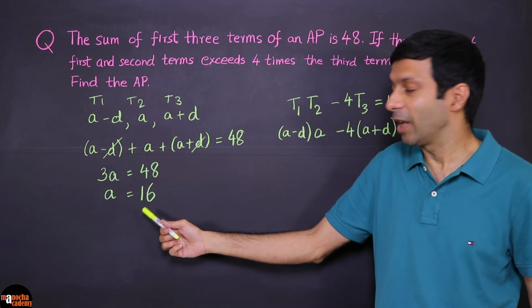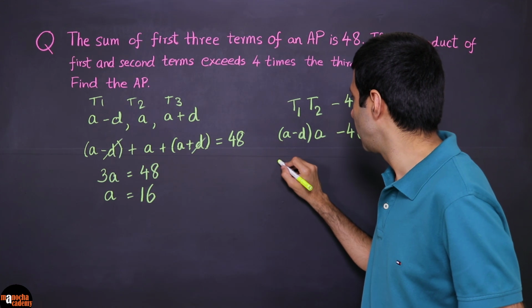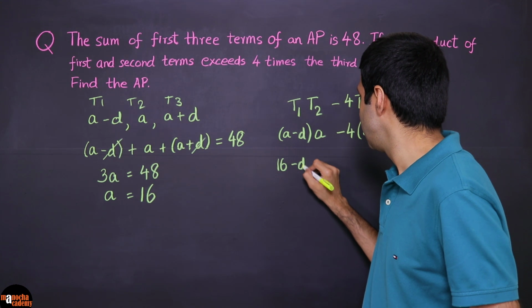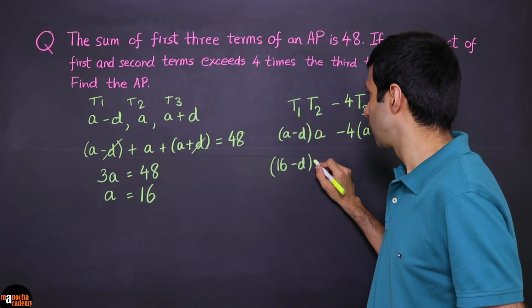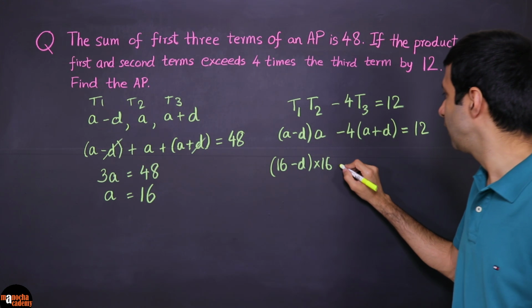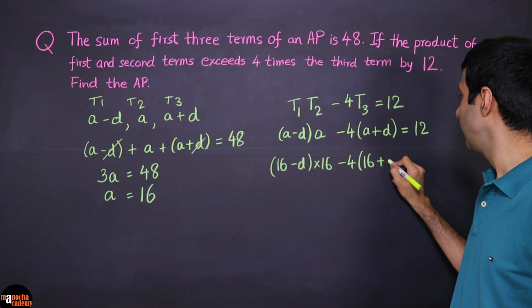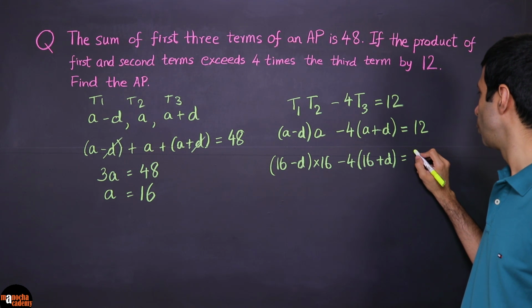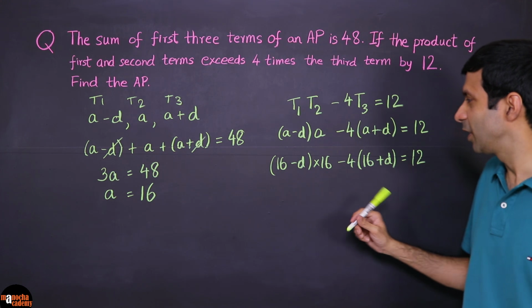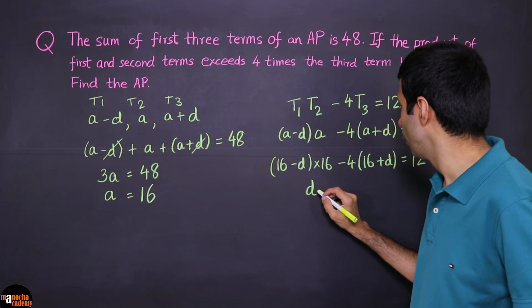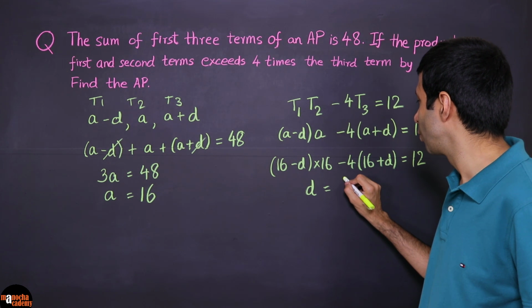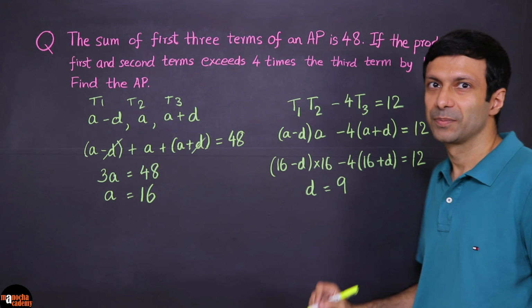And we already know the value of A, so let's use that. So we'll get 16 minus D times 16 minus 4 into 16 plus D equals 12. And if you solve this equation, you'll get the value of D. And that's going to turn out to be 9.